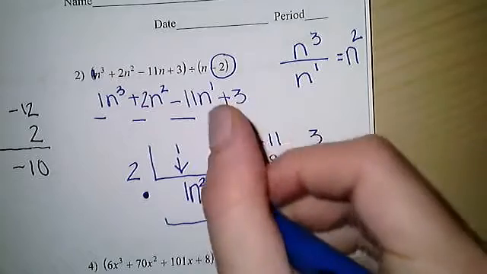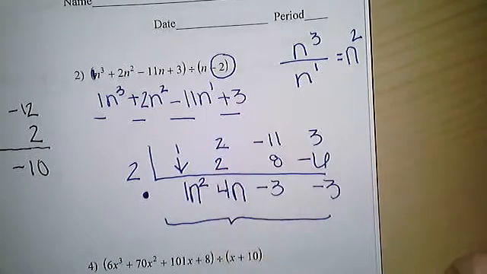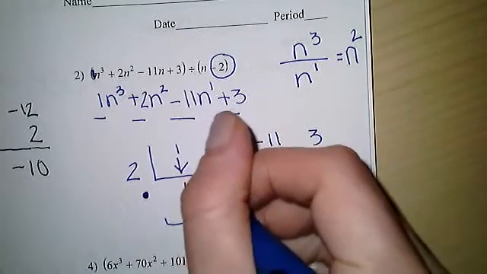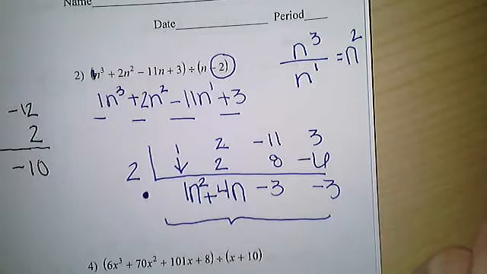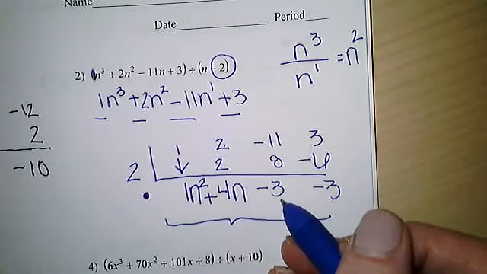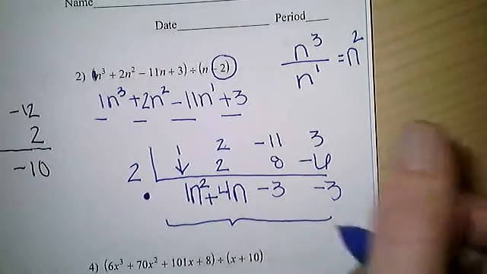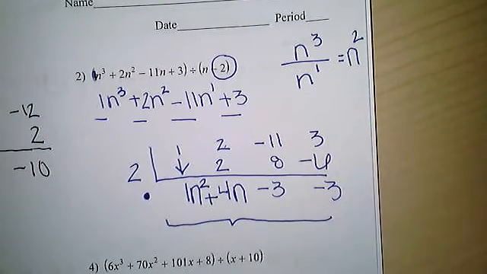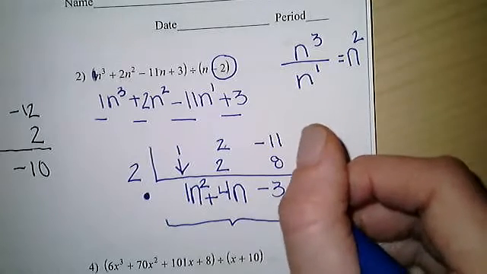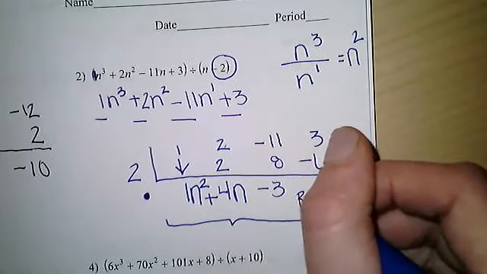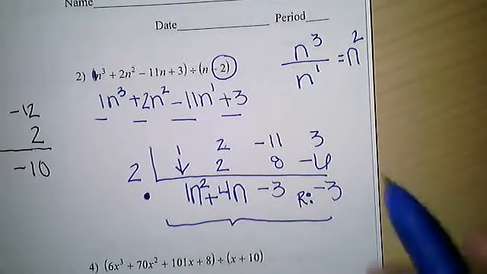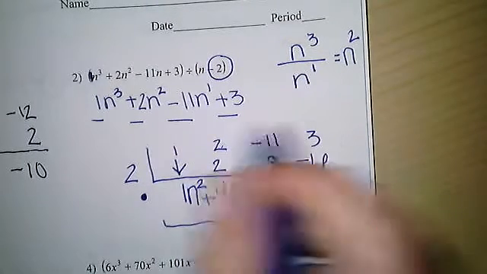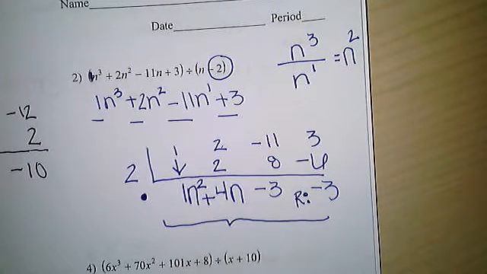So the next highest power of n would be n^1 or just n. You can put a little positive sign there since there's no negative. And this -3 becomes our constant. So this last little number over here, that's our remainder. So we can just put a little R symbol right there to symbolize remainder. And this right here would be our final answer.